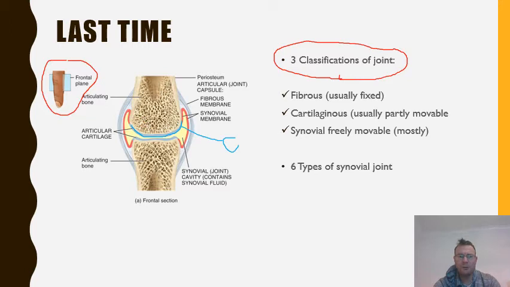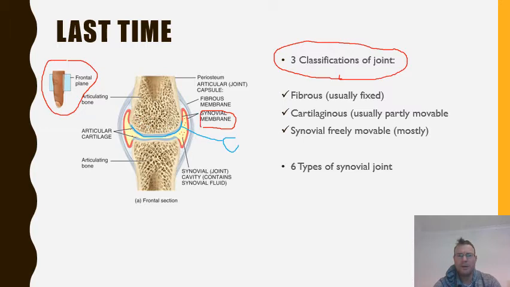The fluid, I'm just dotting it in a little bit there. This is a nice oily, thin fluid which keeps it all lubricated, and it's created by this bit here, which is the synovial membrane.